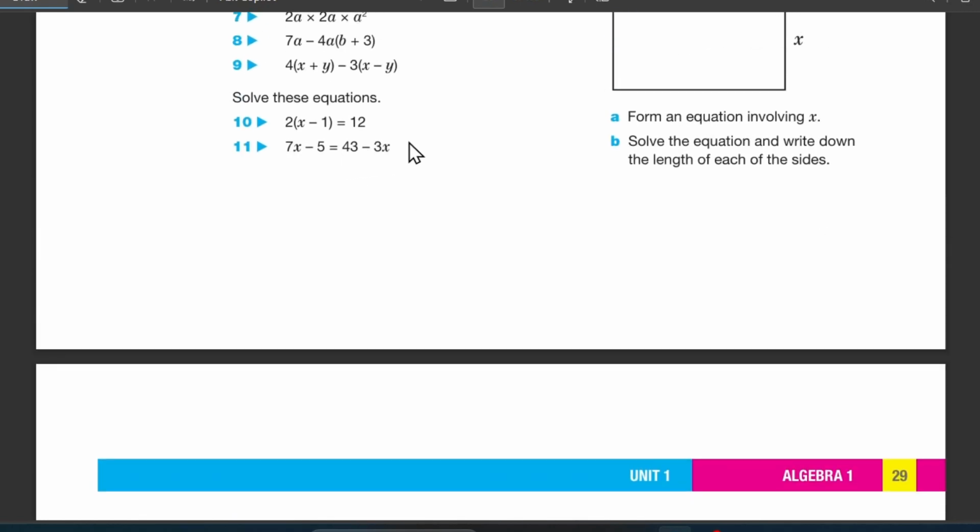Also, this type of equation you can get the answer from the calculator. In the calculator you can use the solve option or calc option, like that you can get the answer.